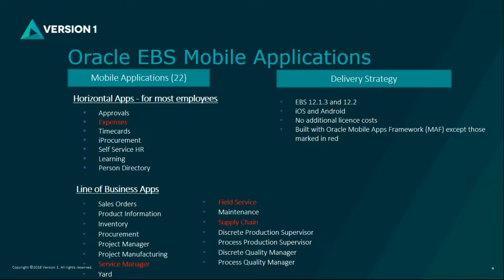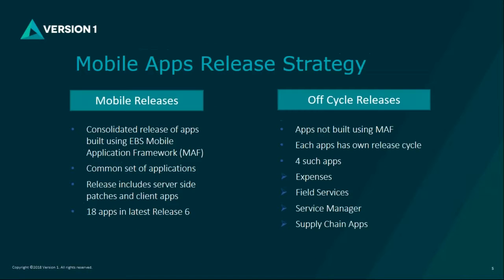On a technical point, all of the applications have been built on Oracle's mobile application framework, with the exception of the 4 highlighted in red here. The effect of the 4 not being built on mobile application framework is that they have different release cycles to the other 18.